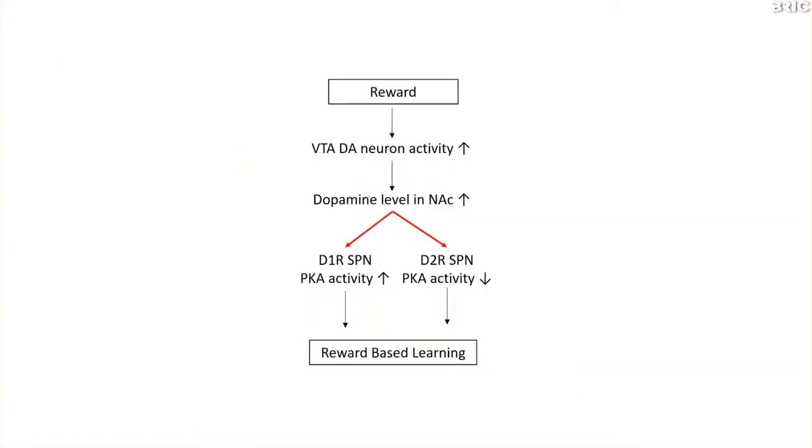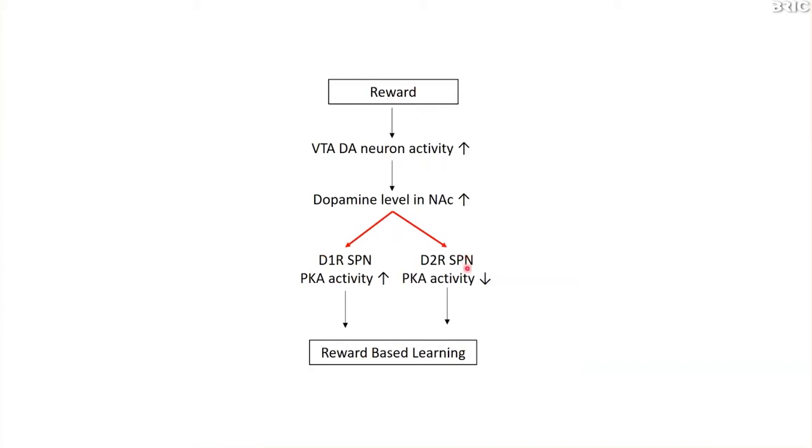With this knowledge of intracellular pathways, we can now come up with this hypothesis for dopamine action on D1 and D2 receptor SPNs during learning. When there is an unexpected reward, this causes an increase in VTA dopaminergic neuron activity, an increase in the level of dopamine in the nucleus accumbens, and that may actually bidirectionally change the activity of PKA in D1 and D2 receptor neurons.